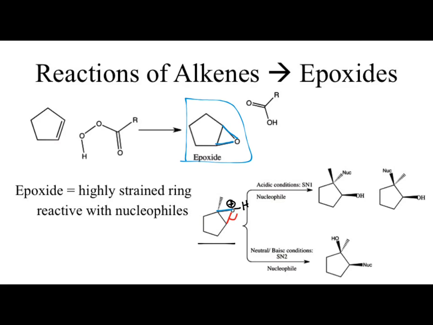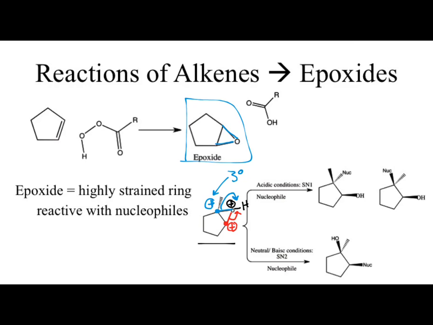If we had the red one take the electrons, what happens to this carbon? It becomes positive. If we had the blue one take the electrons, what happens to this carbon? What can you tell me about this positive? Keep going. It's tertiary. It's a tertiary cation.